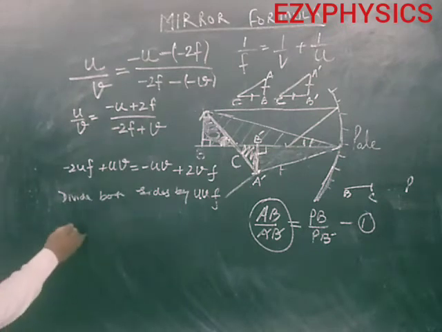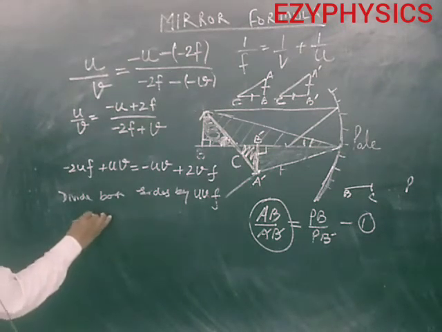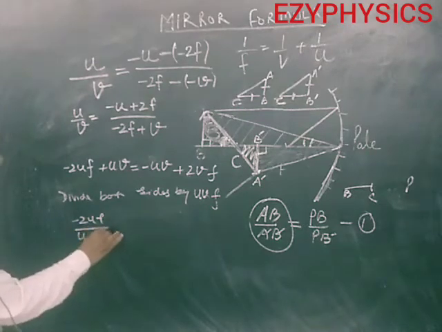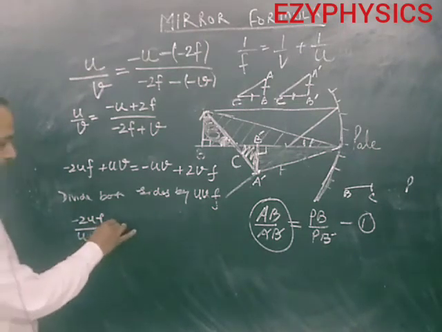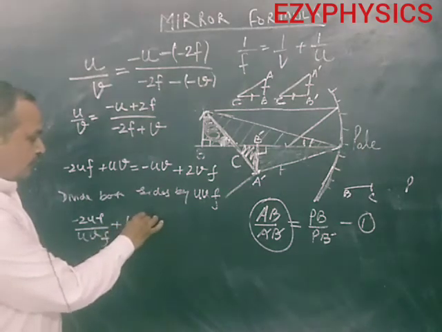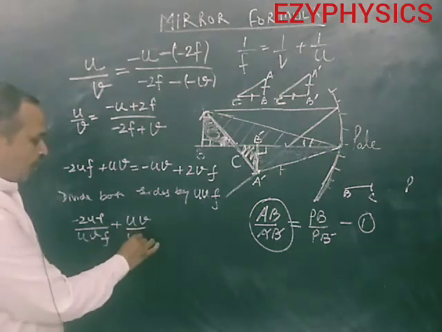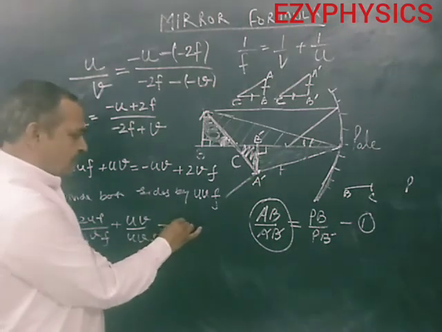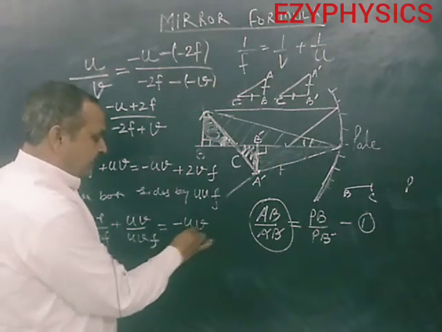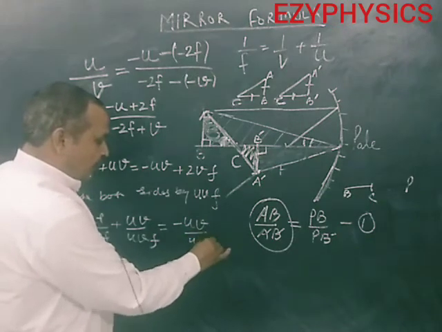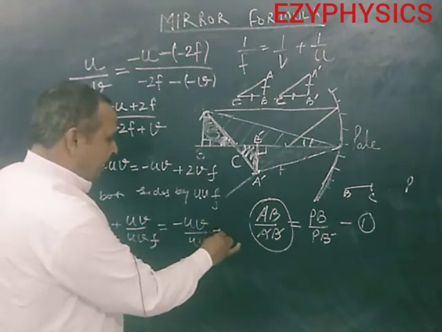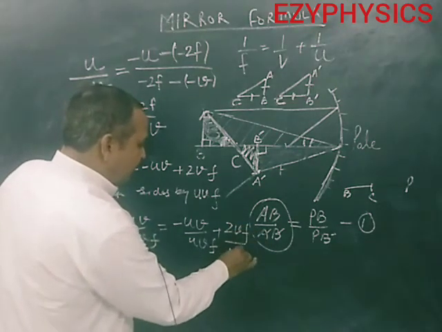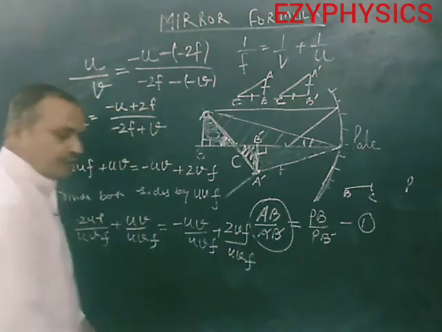So what happens? Minus 2uf over uvf plus uv over uvf is equal to minus uv over uvf plus 2vf over uvf.